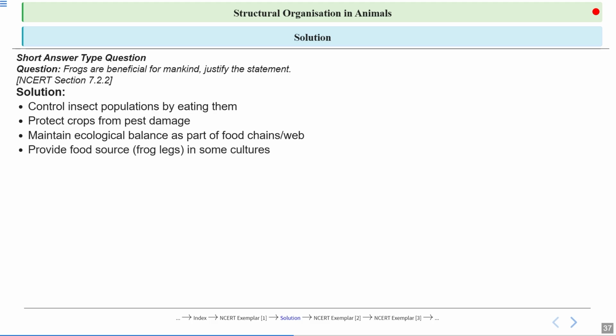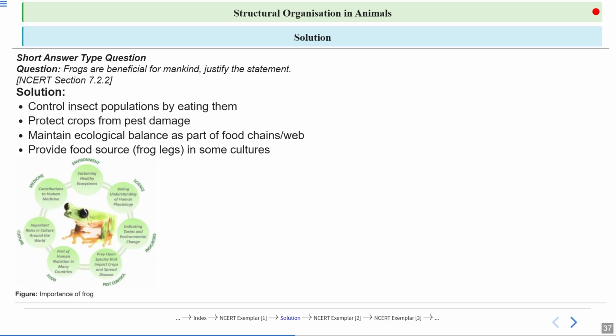Provide food source. Frog legs, in some cultures, in some countries, people eat frog legs. So they are also providing food. So here we can see with the help of the diagram the importance of frogs.